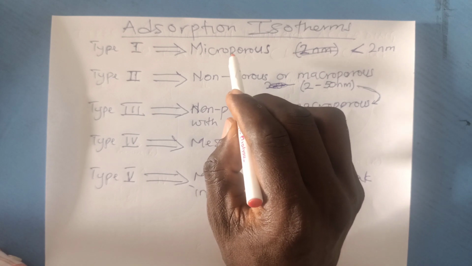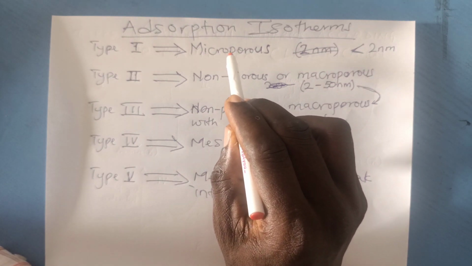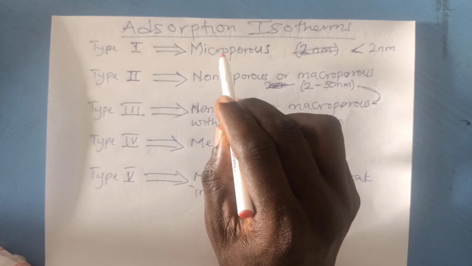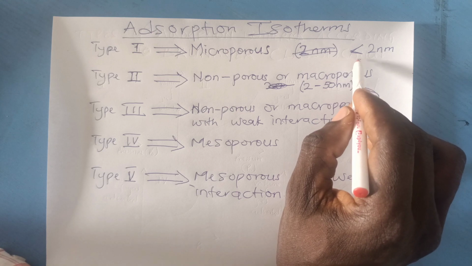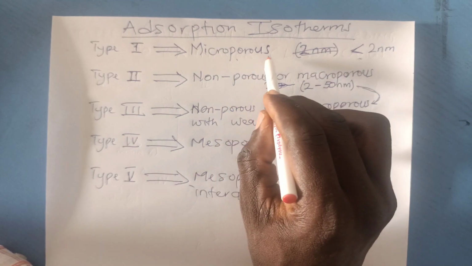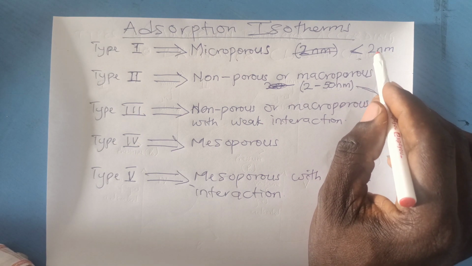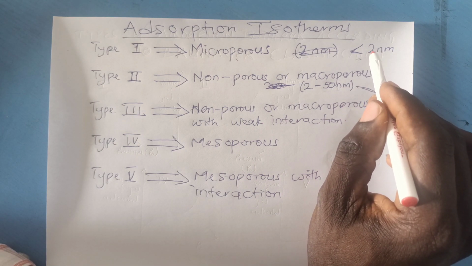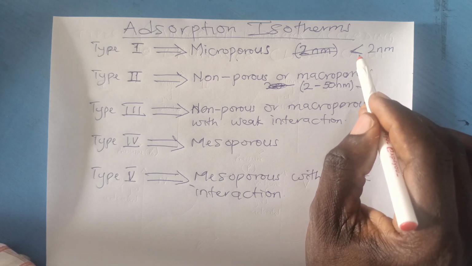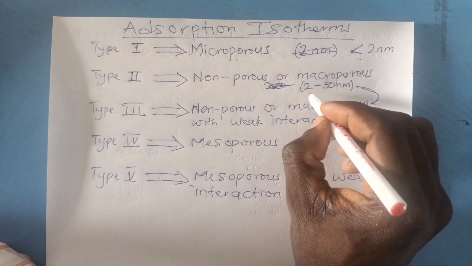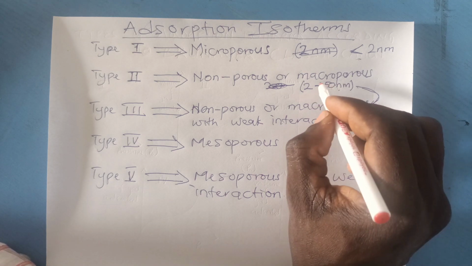That means the pore diameter, the pore size of the solid, must be less than 2 nanometer. That will give you a microporous size. 2 nanometer is equivalent to 20 Angstrom.